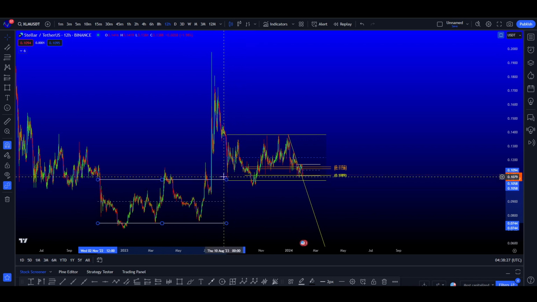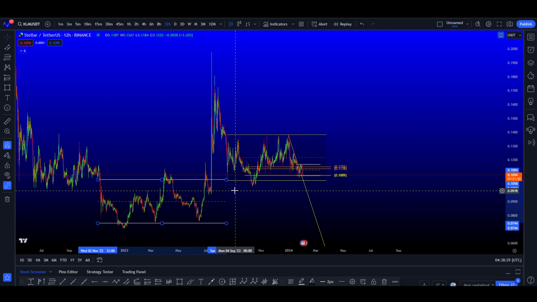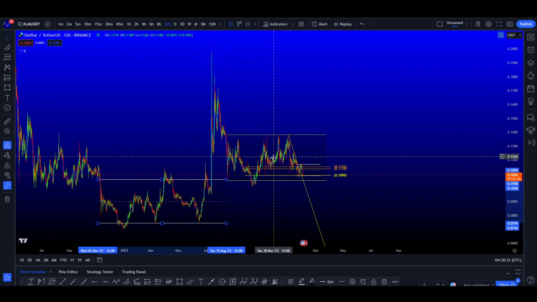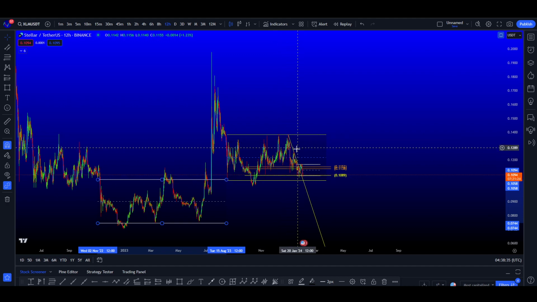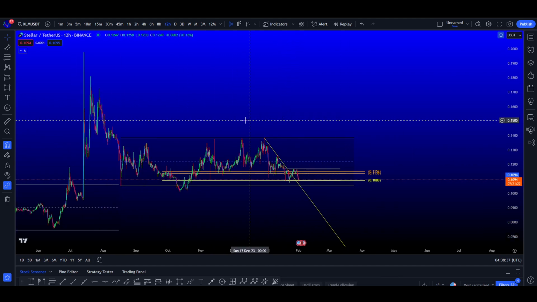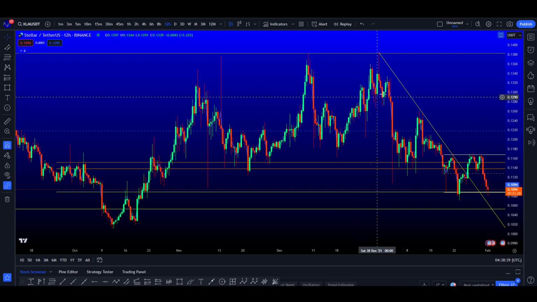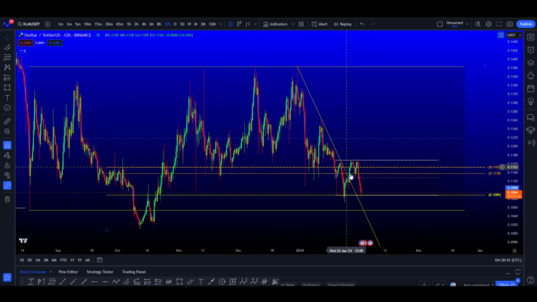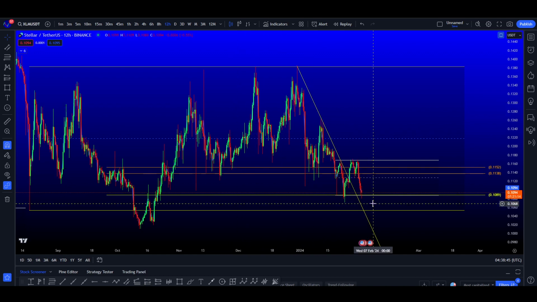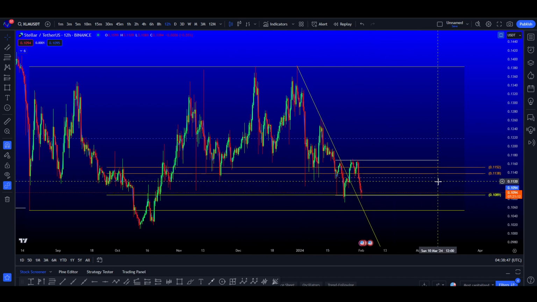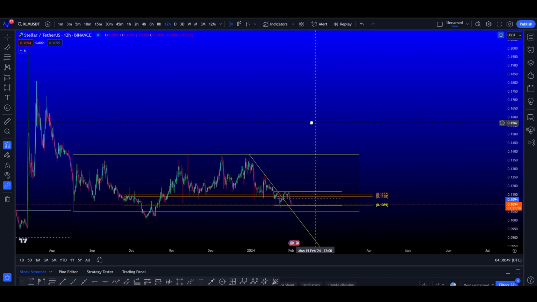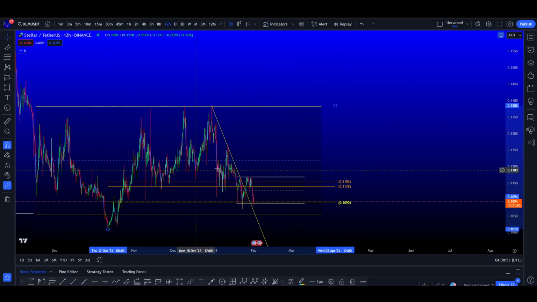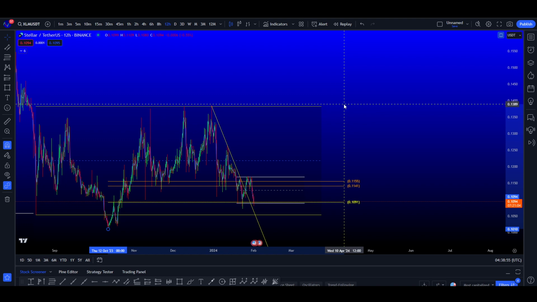So with that being said, this resistance has been flipped into support, and now we have a new support and resistance channel. And what does that really mean? It just means that we are closer to the bottom, and being closer to the bottom, we look for long opportunities, right? So what I did before was pull the Fibonacci from the lows right here to the very high of the range.